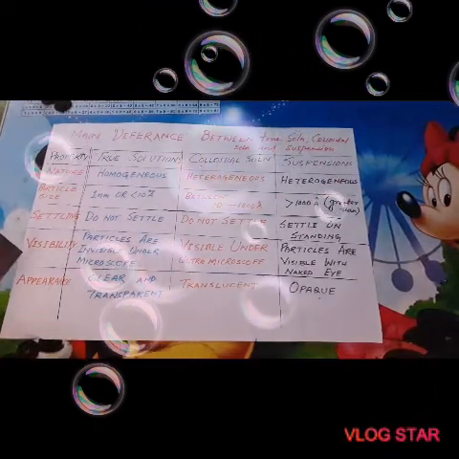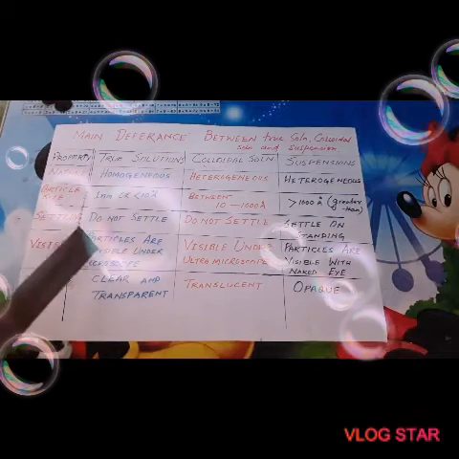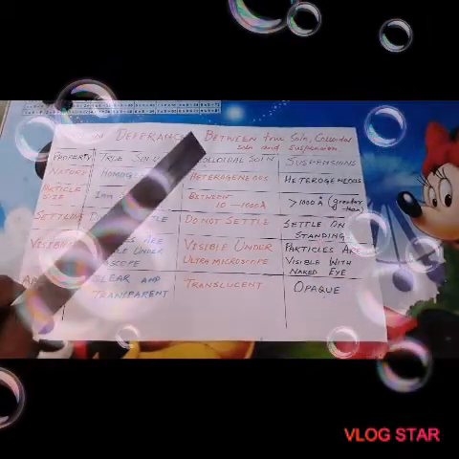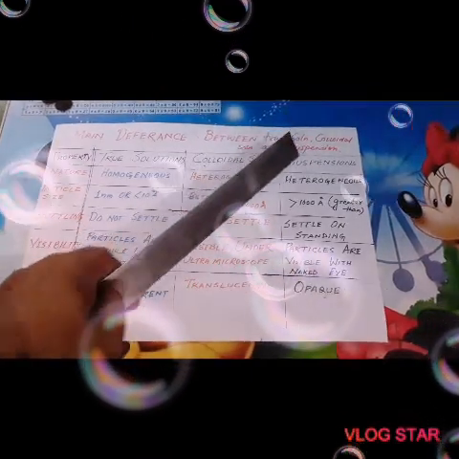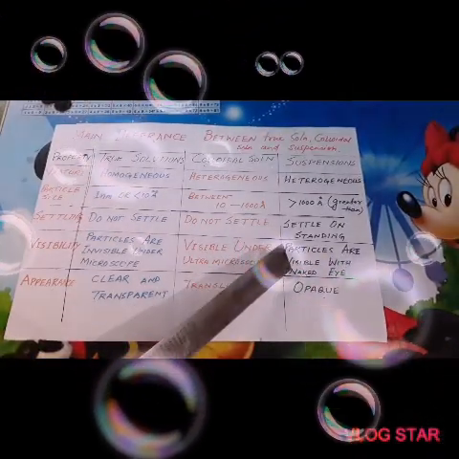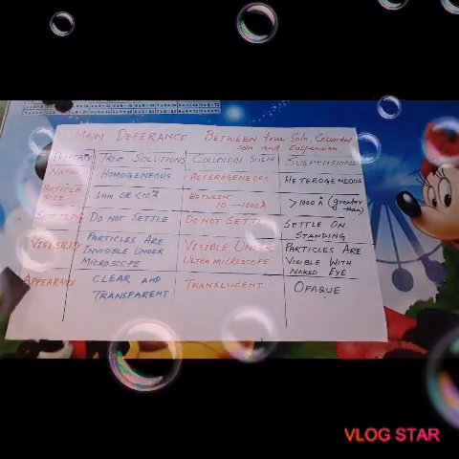Visibility: true solution particles are visible under a microscope, colloidal solution particles are visible under an ultra microscope, and suspension particles are visible with the naked eye. The last property is appearance.